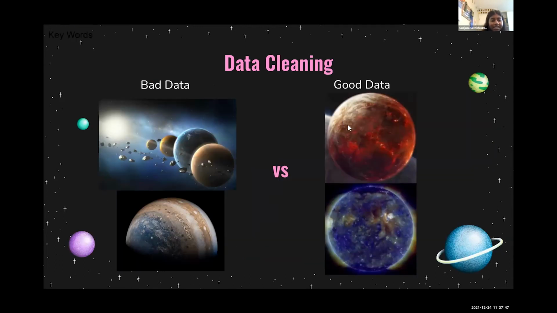So for cleaning the data, we were looking specifically for a circular shape. On the left, you can see there are multiple planets in the image, which is something that we didn't want. And the picture on the bottom shows a partially obscured planet. What we were looking for as good data is just the image of the planet, just the circle.